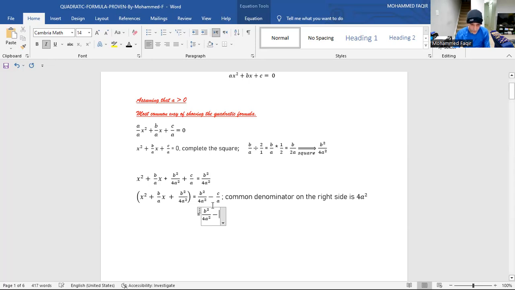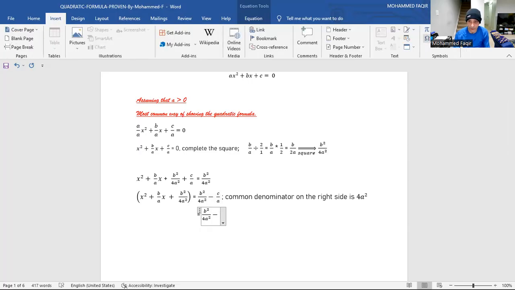So in order for us to get 4a squared, what do we need to multiply by? 4a, right? So if I multiply top by 4a, let me build a fraction.